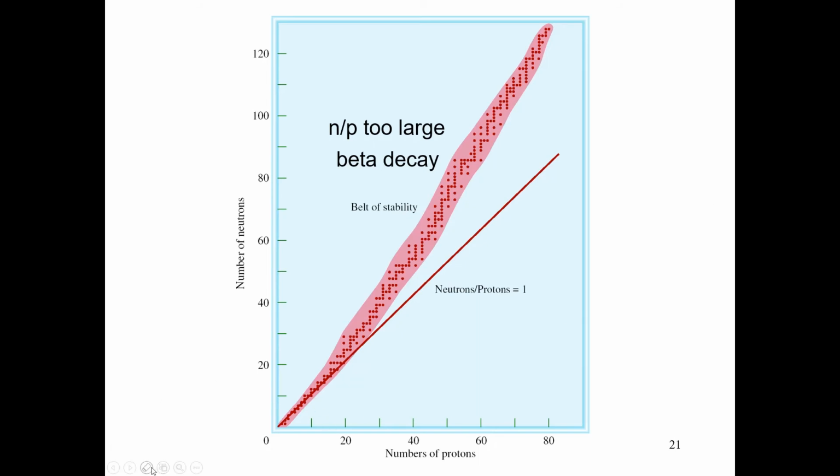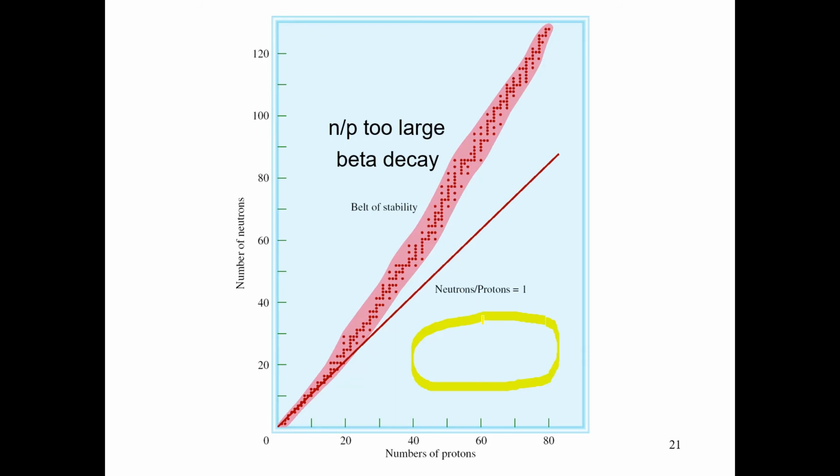Now, let's look at the bottom part of this graph here. Let's say you have an isotope, and again, I'm exaggerating the position. It's usually around the periphery of that belt of stability. But let's say you have an isotope that has a ratio of neutrons to protons that is too small. That means it's underneath the belt of stability.